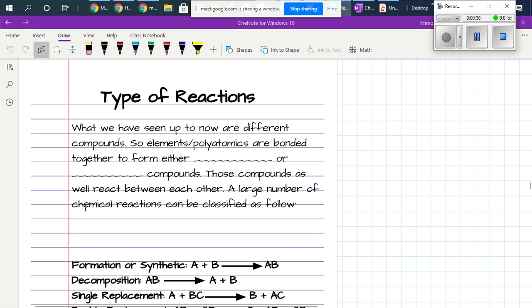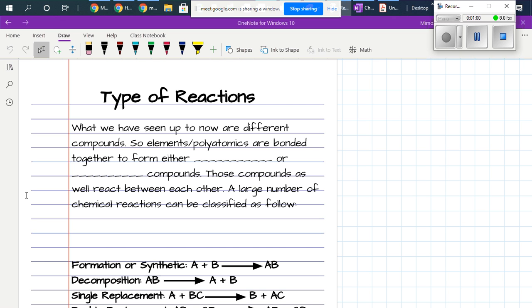So now, what we have seen up to now is the elements, how the elements are organized in the periodic table, and then how those elements are bonded between each other. And we have seen that there are two types of bonding that we have discussed.